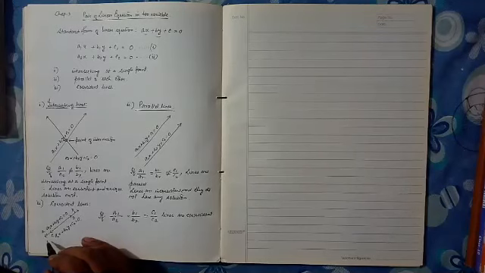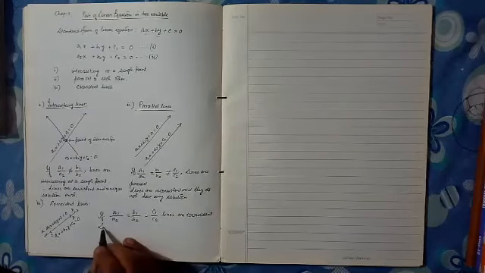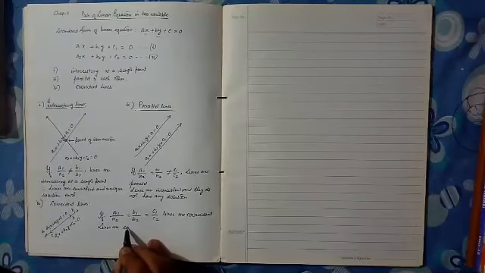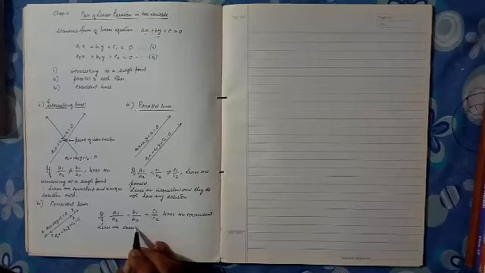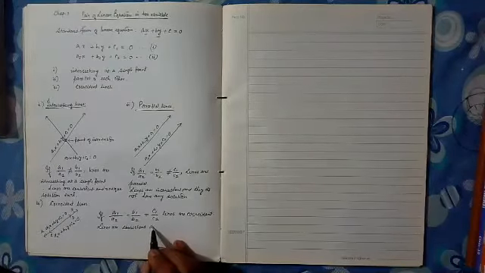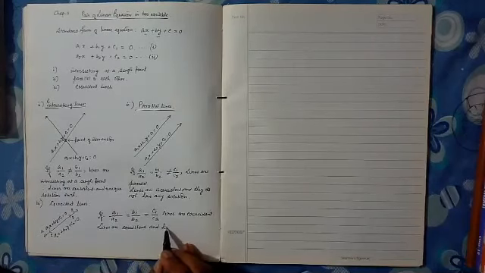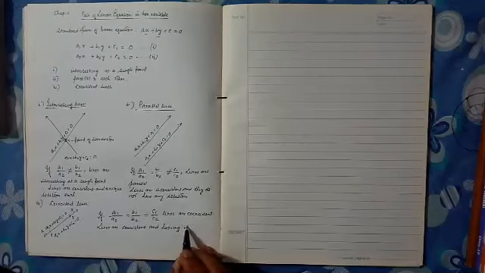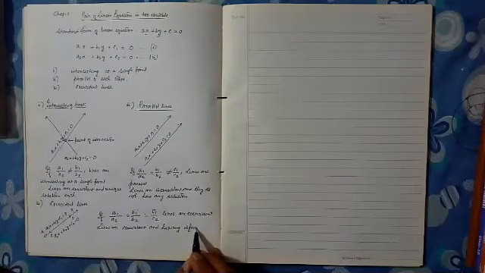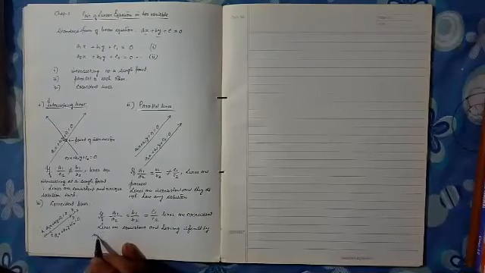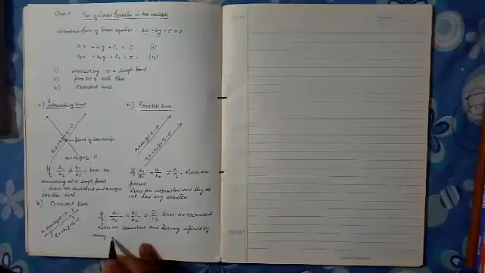So they have infinitely many solutions. That is, the lines are consistent and having infinitely many solutions.